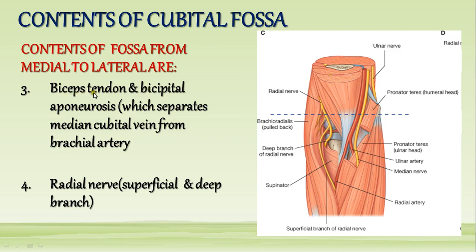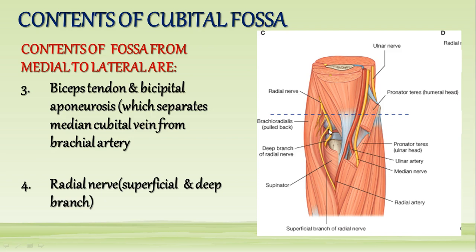The biceps tendon and the bicipital aponeurosis are present just lateral to the brachial artery. The bicipital aponeurosis separates the brachial artery from the median cuboidal vein, which is present in the superficial fascia of the cuboidal fossa.